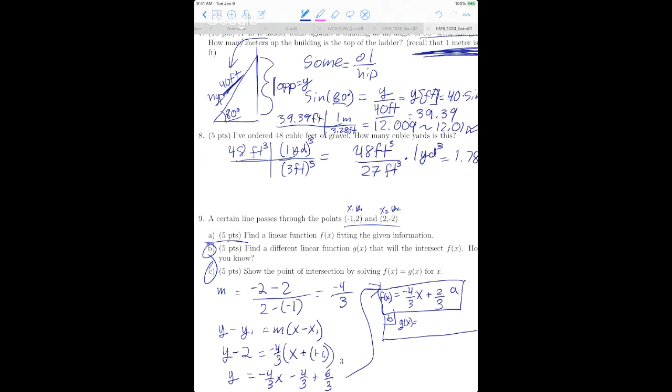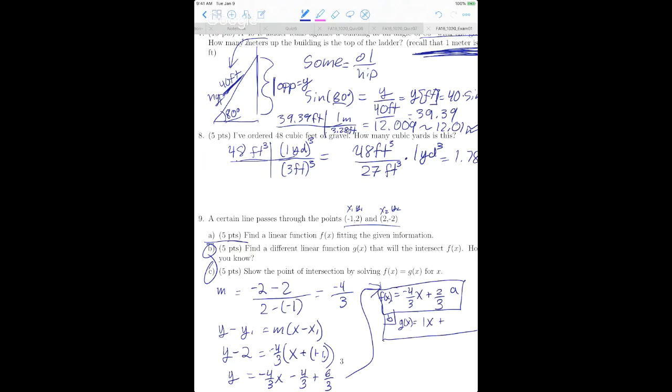So I saw a lot of people using the +3/4, so using the one that intersects at a perpendicular, at a right angle, you know, the perpendicular slopes idea. That's great. I'm going to do something a little bit easier.